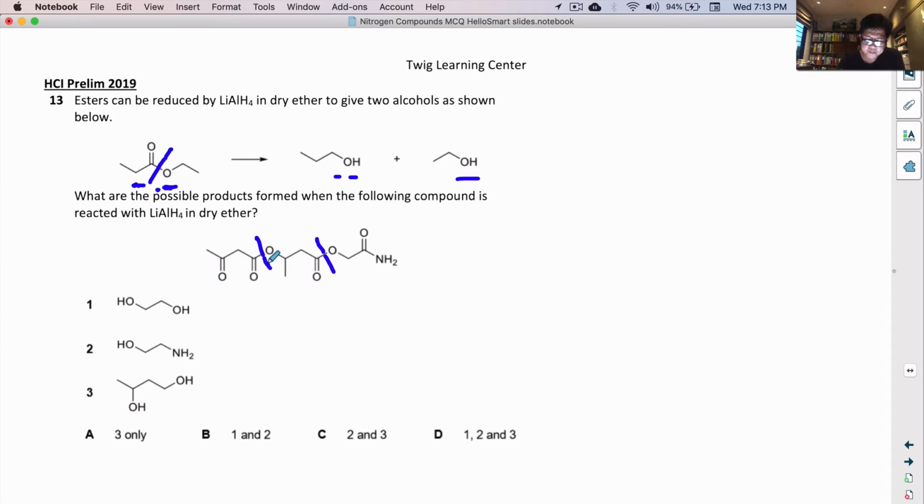Firstly, the ketone over here will be reduced with lithium aluminum hydride, so it becomes a secondary alcohol. This part right here follows this, so it also becomes an alcohol. I'm going to draw just OH.